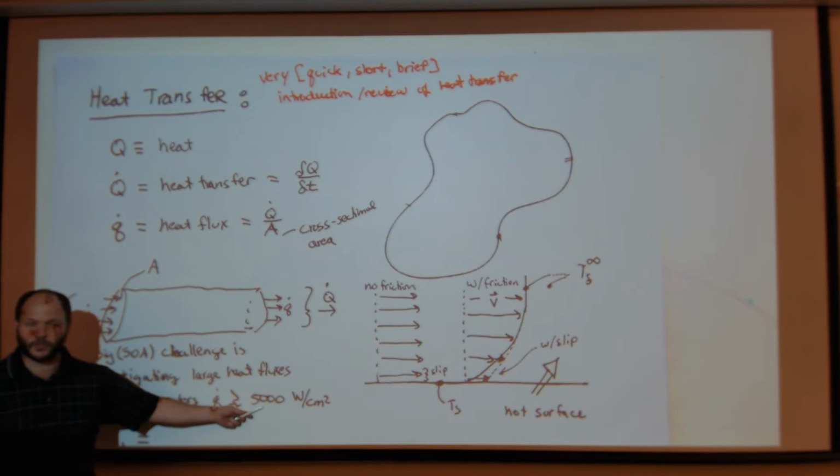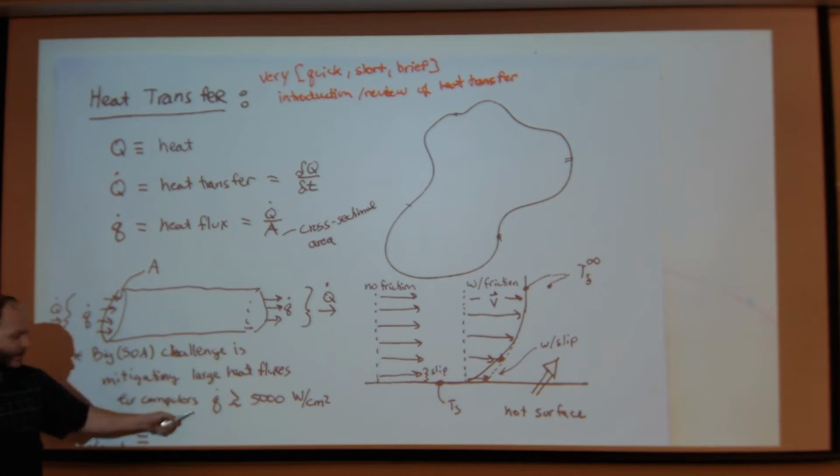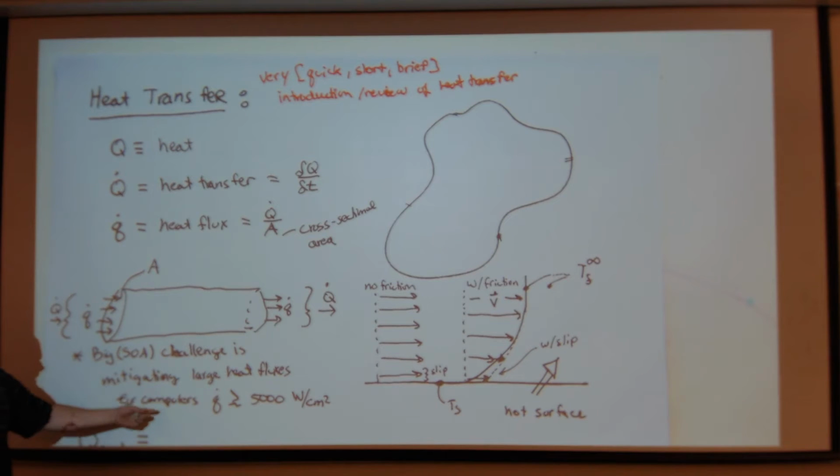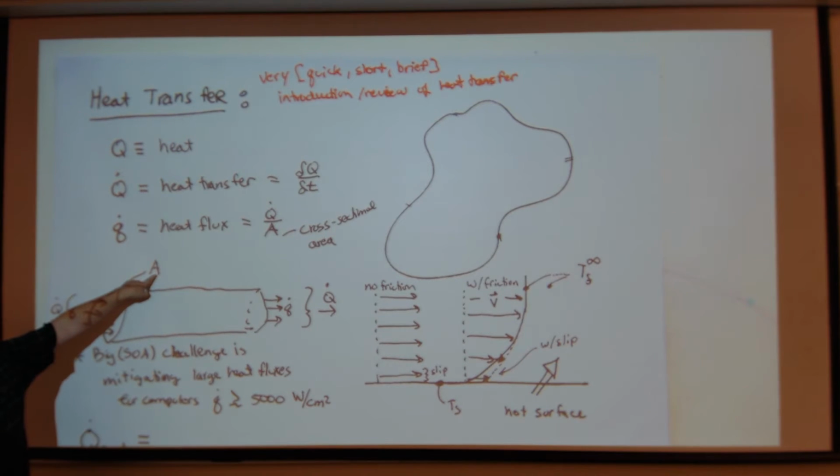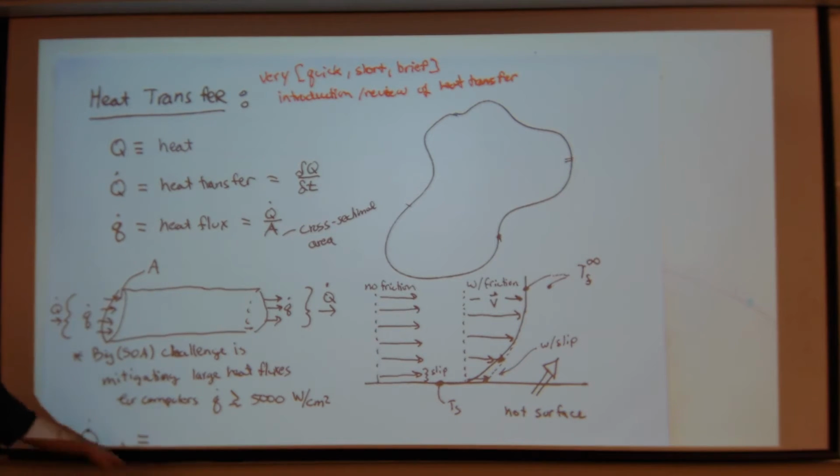This number here is equivalent to what the sun is radiating. Of course, the computers are doing this at a really, really small point, so we're exaggerating things because of the really small surface area. But nevertheless, we have to mitigate that much heat flux, which is a major challenge.